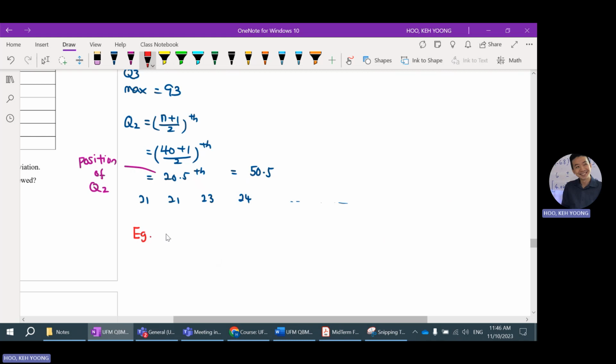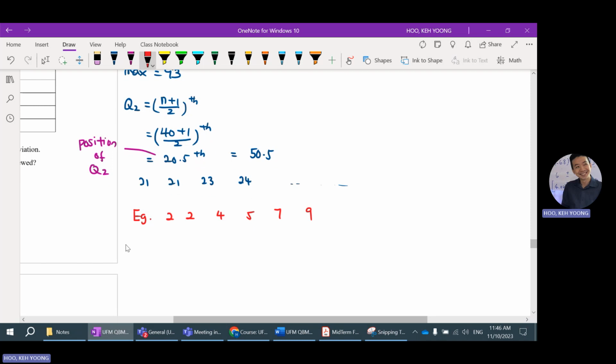Let's say I create a smaller one: 2, 4, 5, 6. Let's say I have this sample data. My sample size is 6. I want to find Q2. I apply the formula 6 plus 1 divided by 2. So I get 3.5.